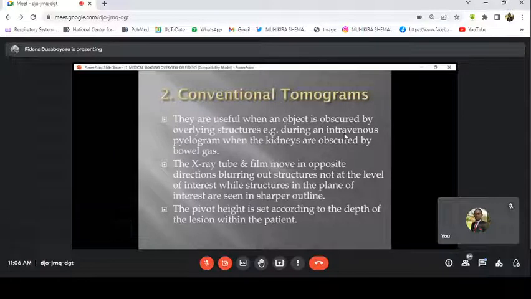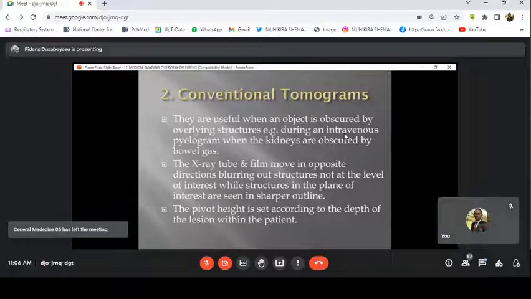This was a modality done by a fluoroscopic machine where, when an object is obscured by overlying structure, there was a technique where you move the X-ray from the receiver, from the cassette. Now they go in different directions, and from there you can now see better the structure you wanted to see from the body of the patient. It is no longer used at all.